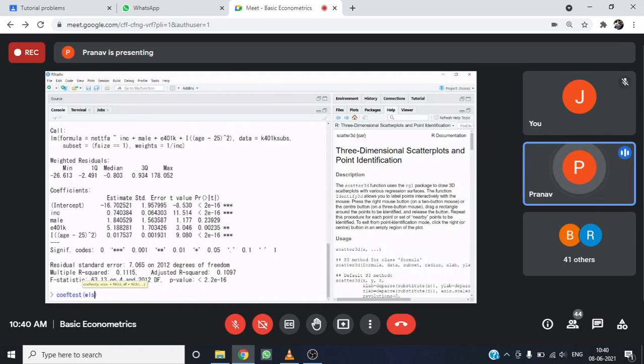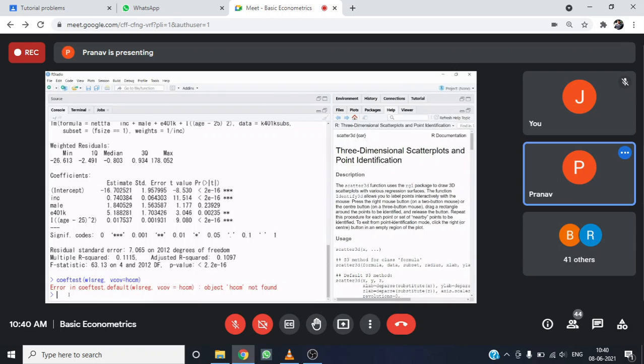I'll have WLS REG, as I did yesterday, and the variance covariance that I use is HCCM. Let's say this. I should simply write it as HCCM.